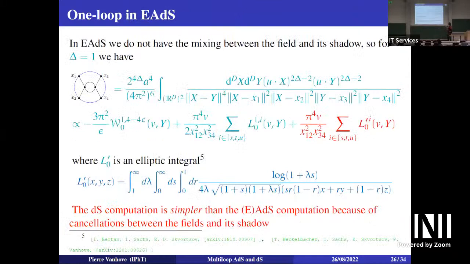Okay. So the thing is that this integral here has a piece that mixes elliptic and non-elliptic.